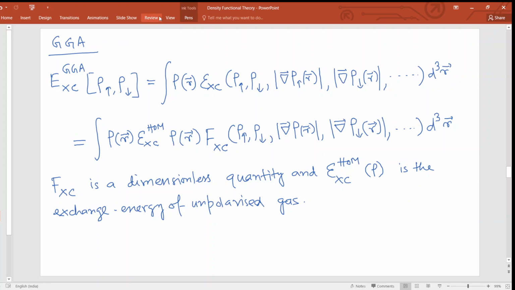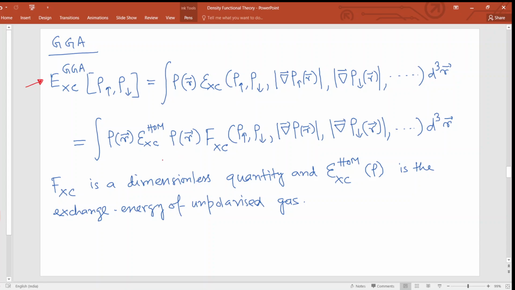So in GGA, we can finally write the expression for the exchange correlation functional, E_xc^GGA, as a function of rho up and rho down, as rho(r) epsilon_xc, which is a function of rho up, rho down, then del rho up, del rho down.